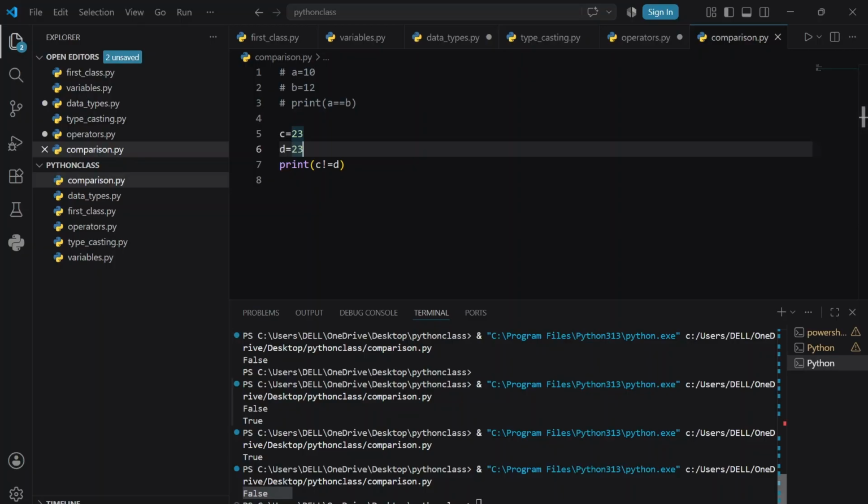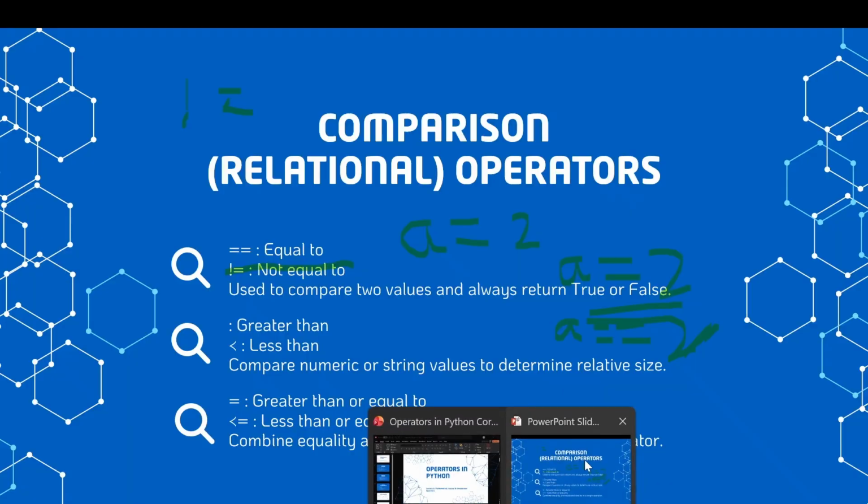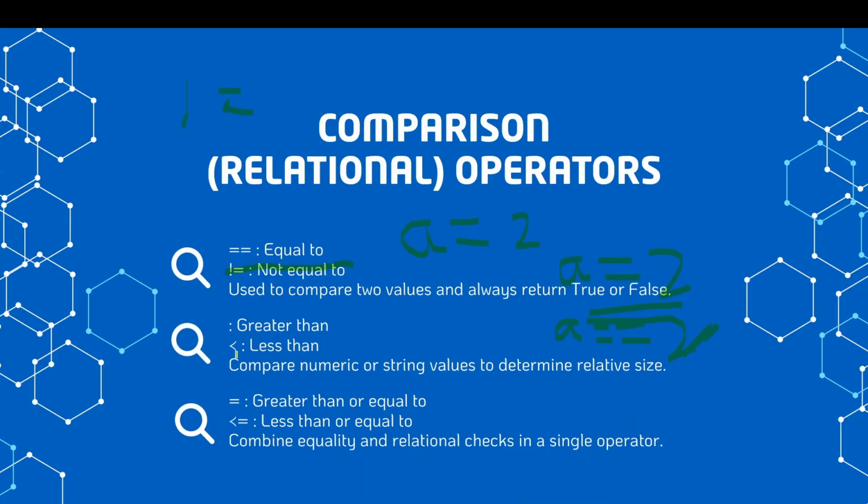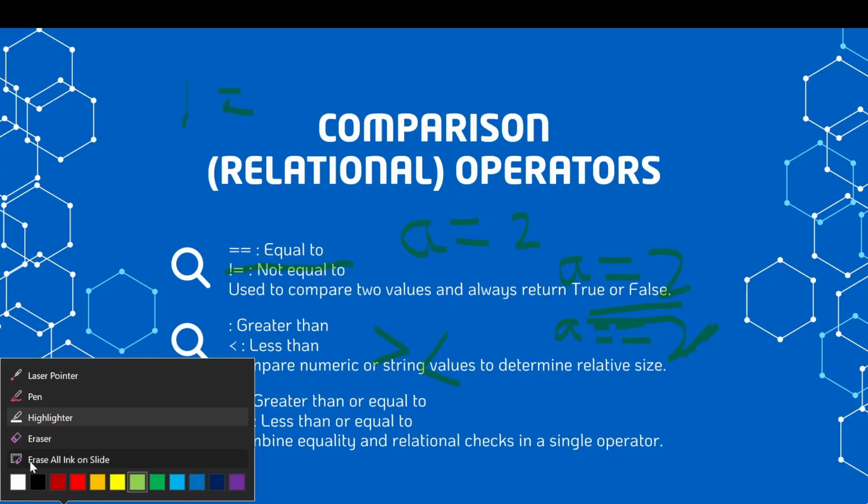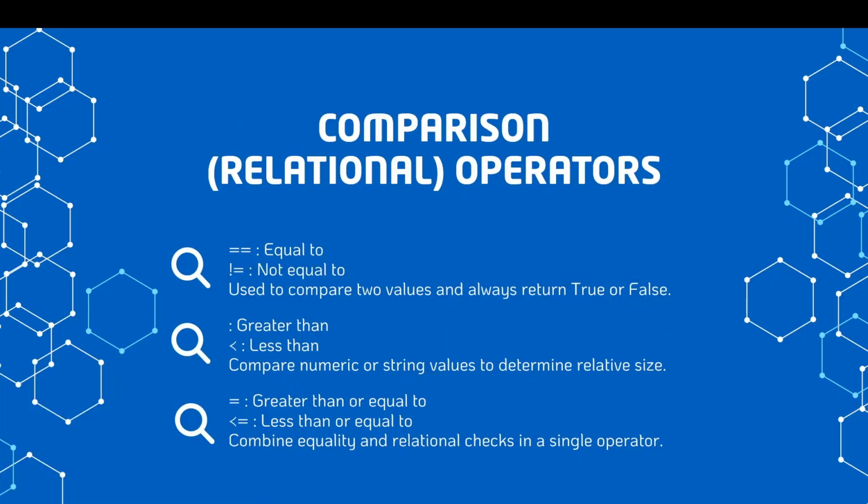Now we are going to discuss a different one, which is our greater than and less than operators. This is our greater than and this is our less than operator.